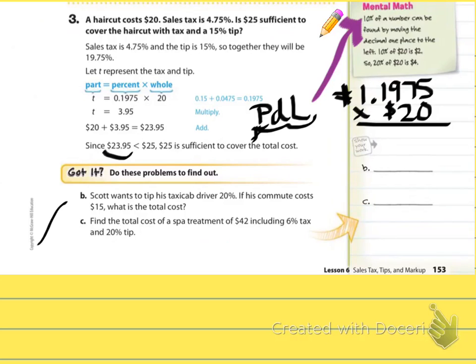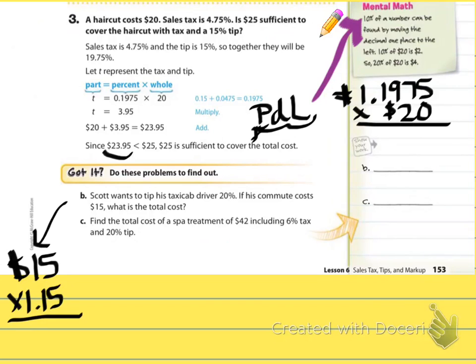But for B, I'm going to come over here and show my work. He wants to tip the taxi cab driver 20%, and the cab commute is $15, and so I'm going to multiply that on the calculator by 1.15, and I will get that answer.